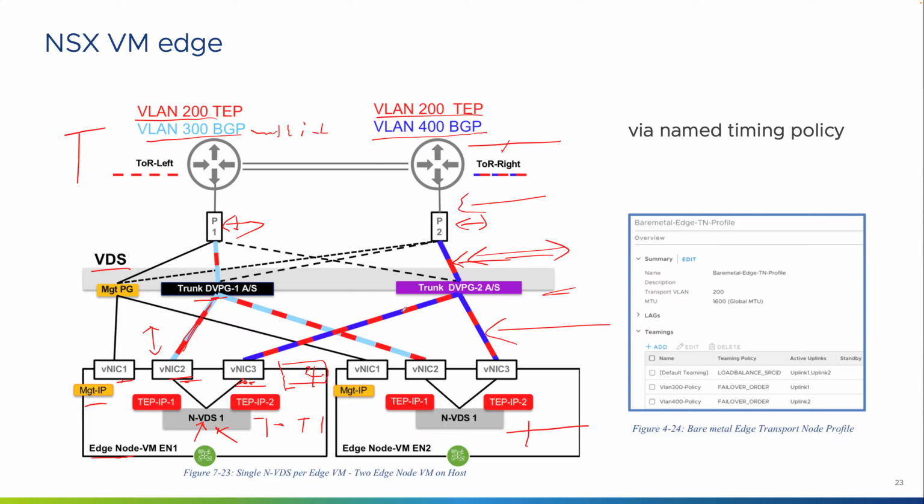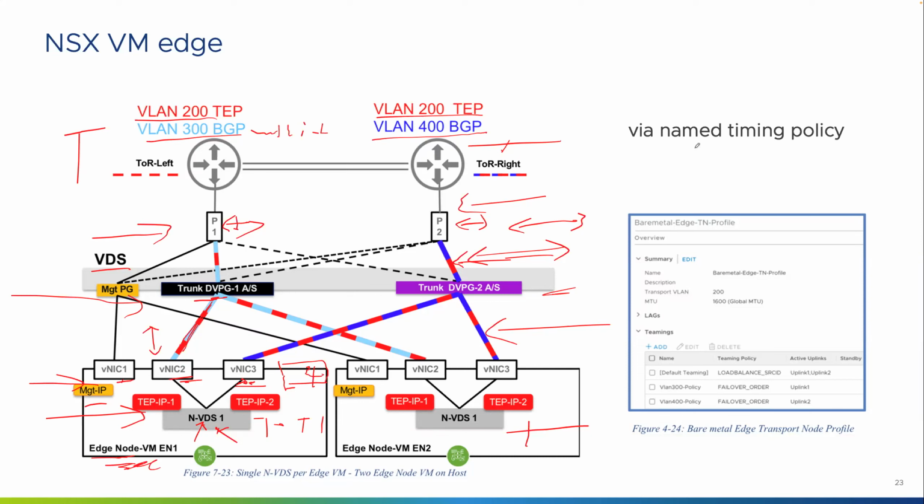So the edge node has a very flexible mechanism to manipulate traffic via different layers. This is the first layer, this is the second layer, the third layer, and remember the uplink profile is also another layer for traffic distribution.